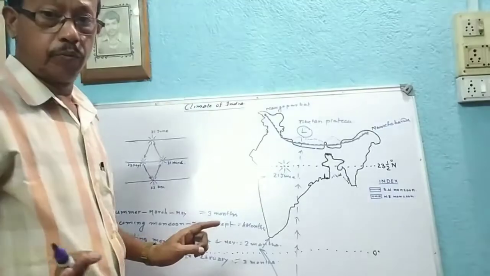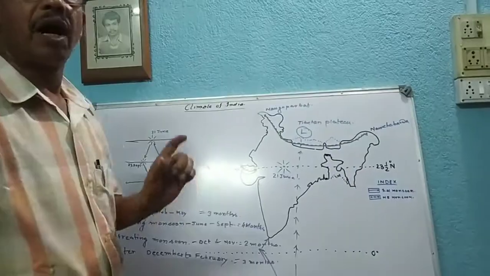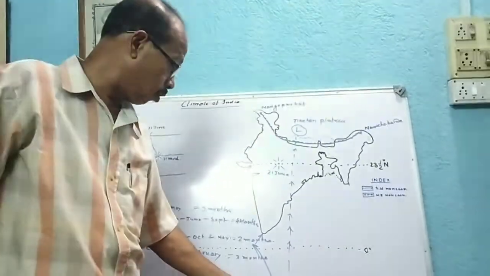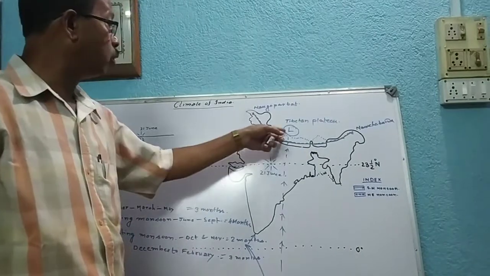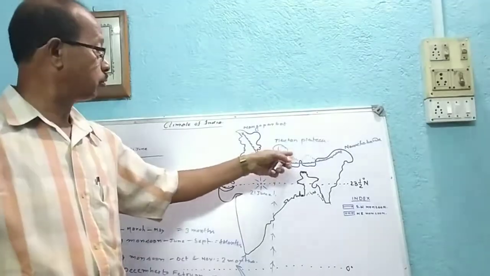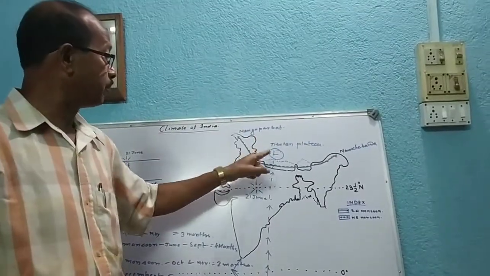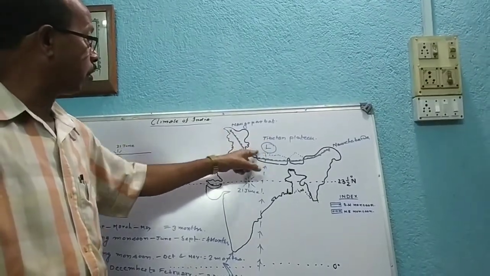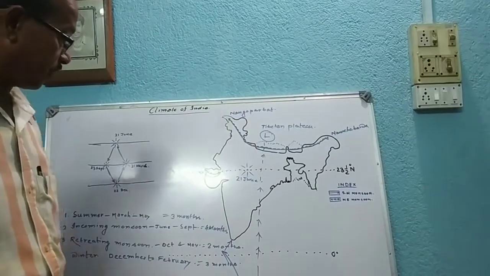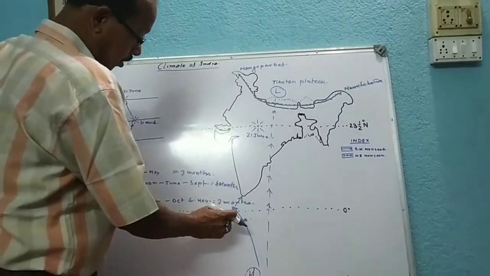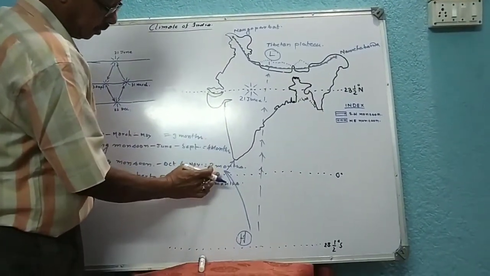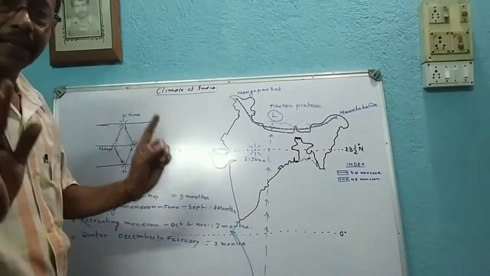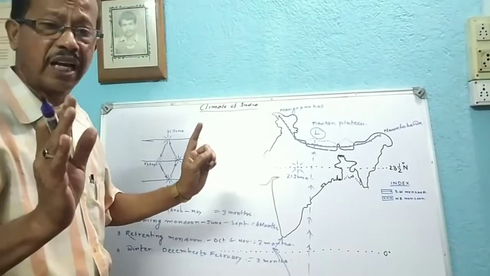Why does it blow? Because of the high pressure gradient between the high pressure over the Indian Ocean and the low pressure over the Tibetan Plateau. This is your Tibetan Plateau, where a remarkable low pressure trough is formed. Now, after crossing the equator, the wind turns towards the right and gets bifurcated into 2 branches.